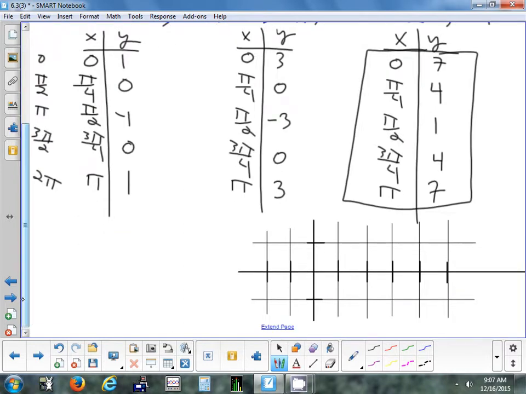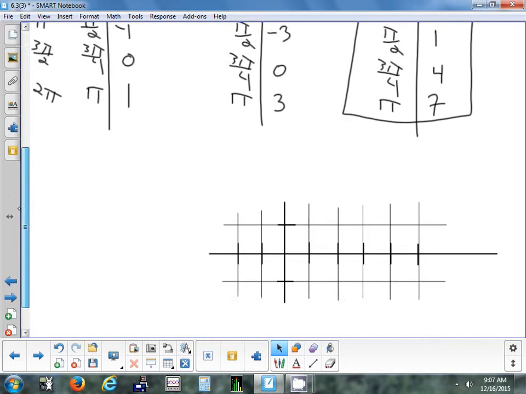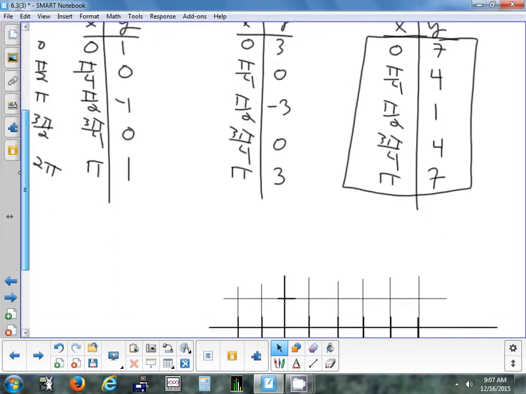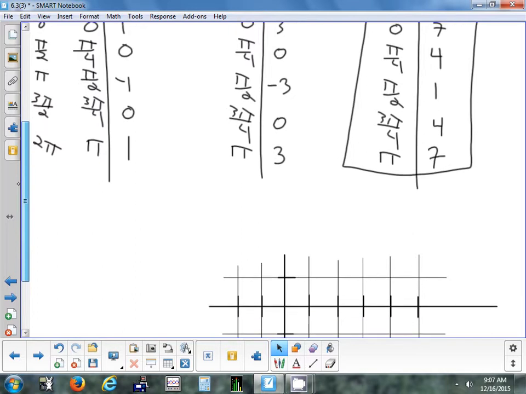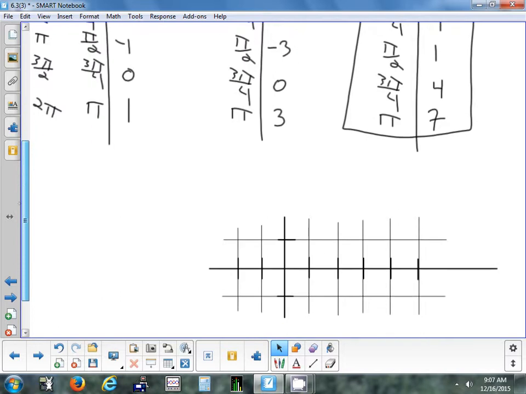All right, so on my axes, I've got to go, let's see, all the way up to 7. All right, so what I might want to do is go by, I could go by 2s, but I think I'm going to need another line in here.